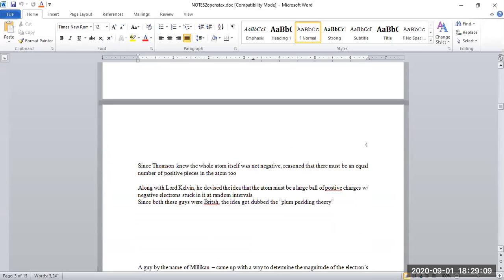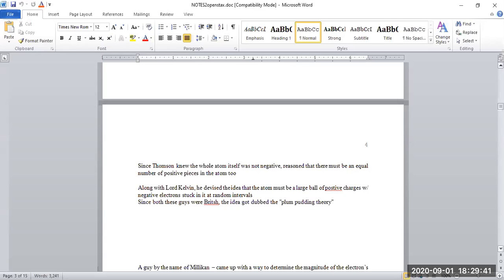He also stuck some things in the way of this little stream of particles and found out that they had the ability to cast shadows and to be bent in different directions. So he essentially is responsible for the whole electron idea.